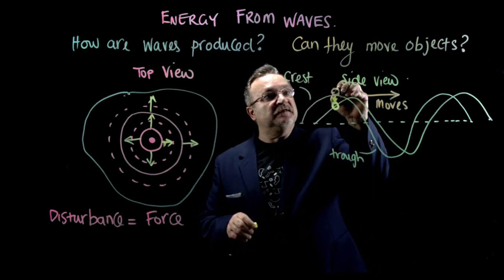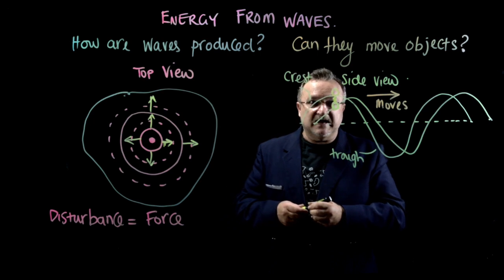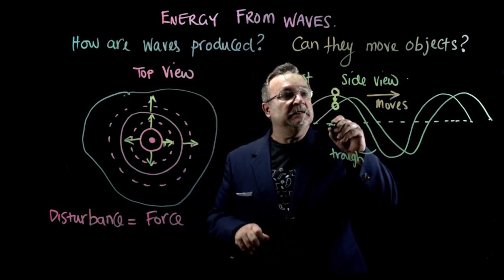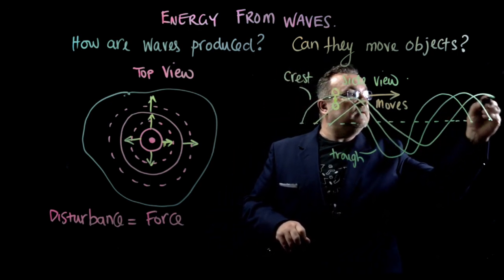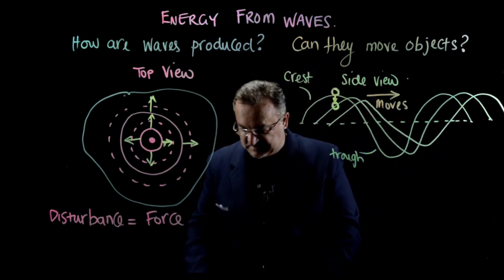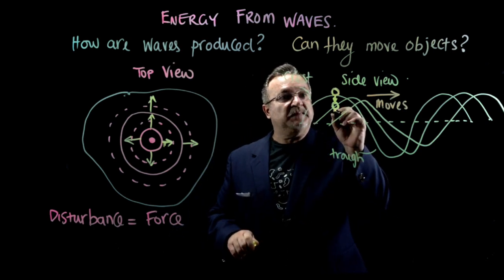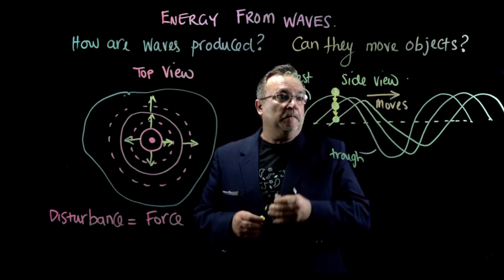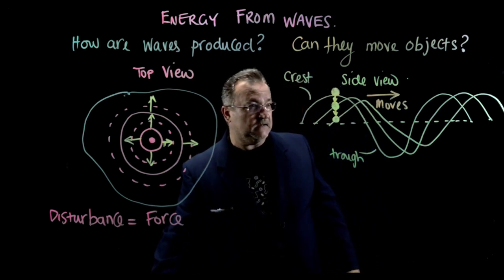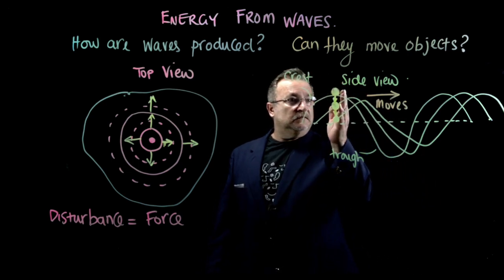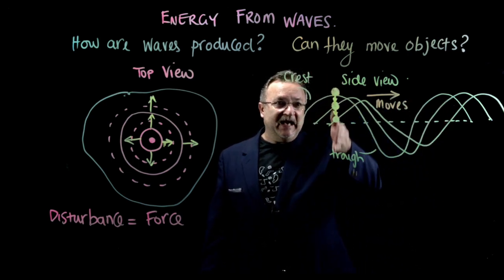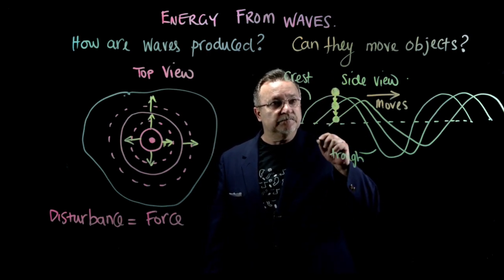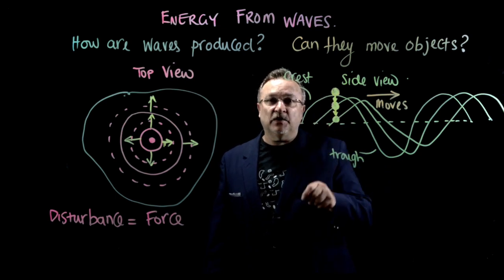So the particle is actually moving down. Let's take another frame. At some time later, if we follow this pattern, you can see that the particle has moved down even further. So the first thing we can conclude is that the wave moves to the right, the particles in the water are moving up and down only.